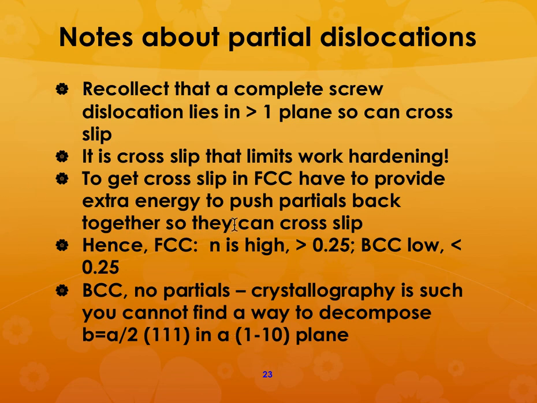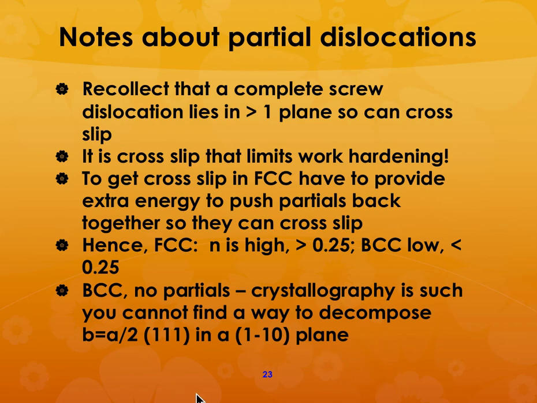If you have cross slip, that will limit work hardening. In the case of BCC, the value of n, the work hardening coefficient, is less, and you cannot find a way to decompose the original dislocation on a 1 bar 0 plane, so it will be difficult for you to deform the material.